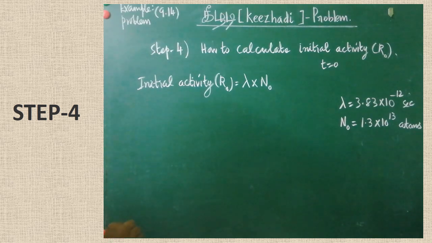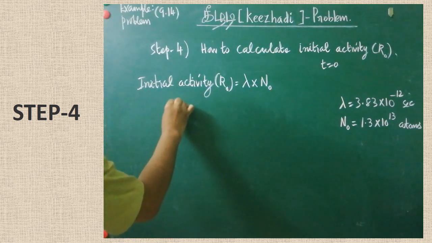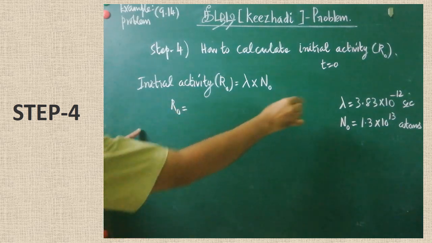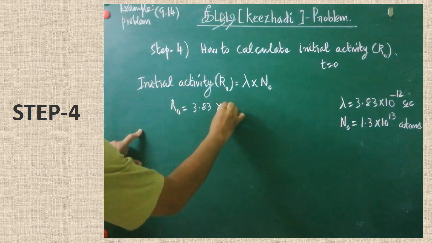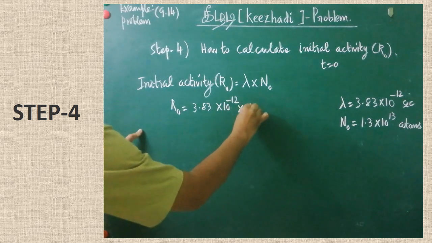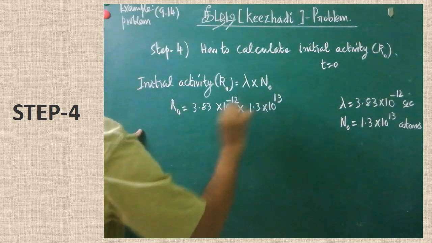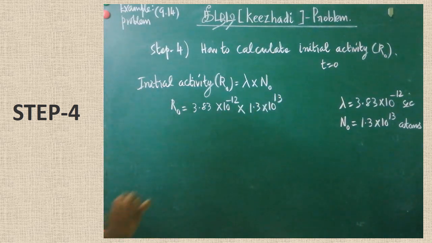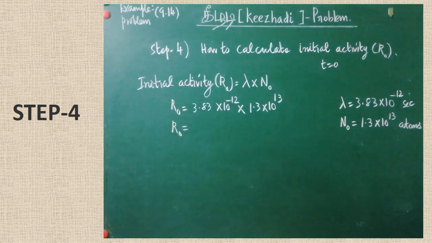The number of atoms present initially. This is a simple formula. Therefore, R naught is equal to, substituting both values, 3.83 into 10 to the power of minus 12 into 1.3 into 10 to the power of 13. This is the substituted value. By using this, we are able to calculate the value of R naught.